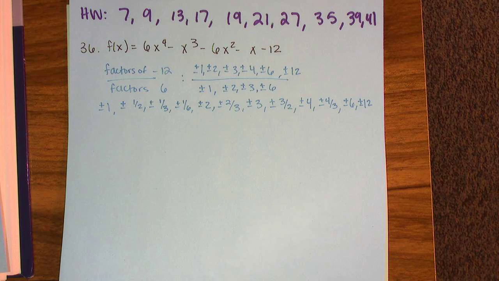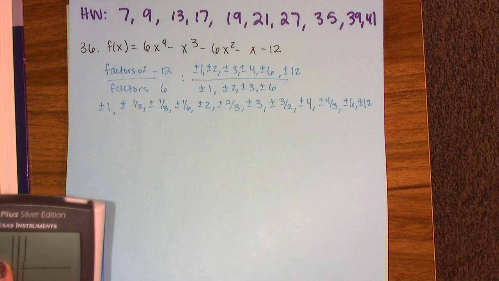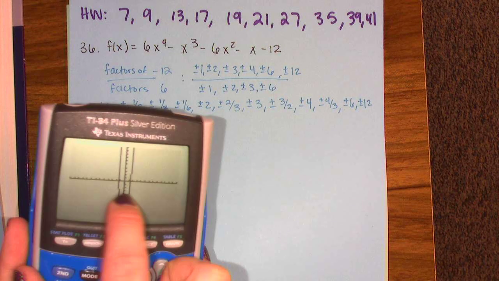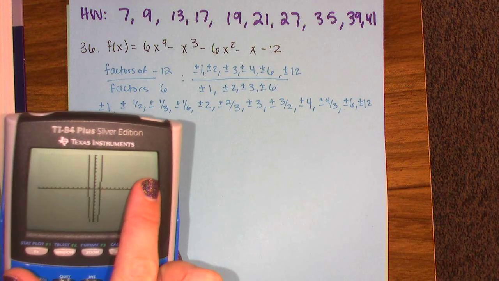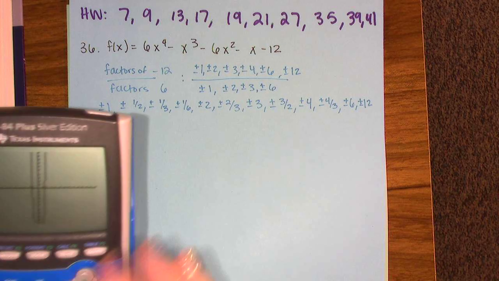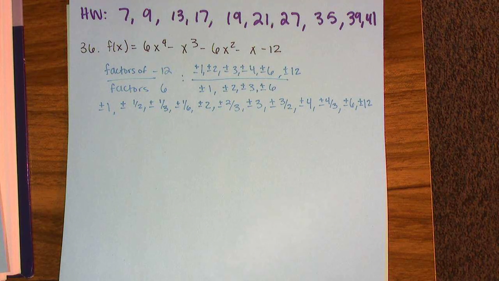Just to check it, make sure. Once you have that, change your window to be somewhere in this area, like x is negative 5 to 5. There's nothing out at the 12 in either direction, so I don't need anything else. I can bring it in, probably even smaller than 5, but 5 will work.